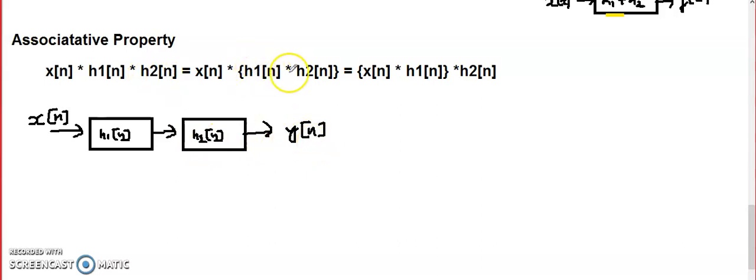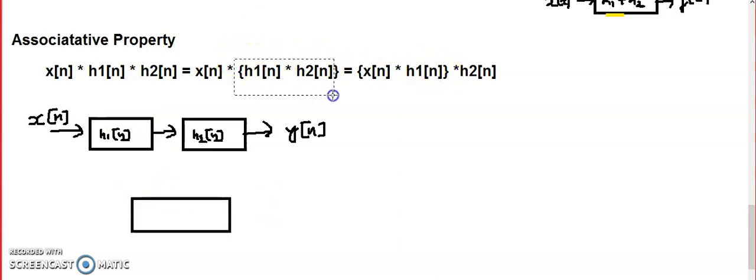तो क्योंकि आप इन दोनों को कंबाइन कर सकते हो, so we can replace this system by another system whose impulse response is this, whose impulse response is this. Okay, like this.